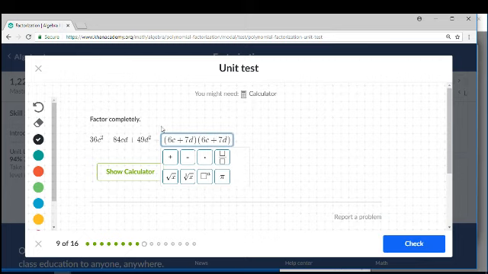Let's see if this makes sense. 6c squared, 49d squared, and then 7 times 6, 42 plus 42 is 84. But this is going to have to be 6c minus 7d. 6c minus 7d, because negative 7d times negative 7d is also positive 49d squared. And the two negatives give us a negative sign in the middle.